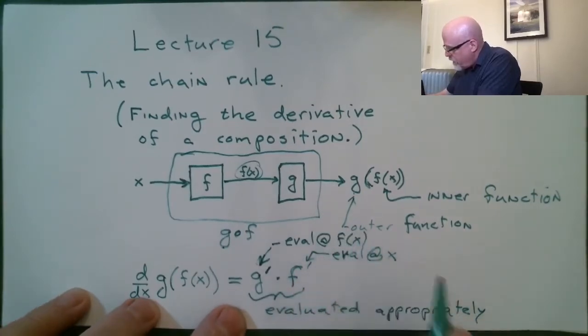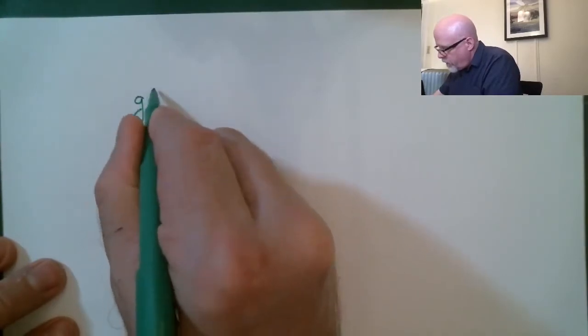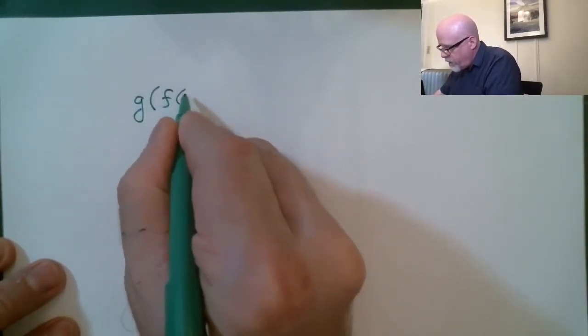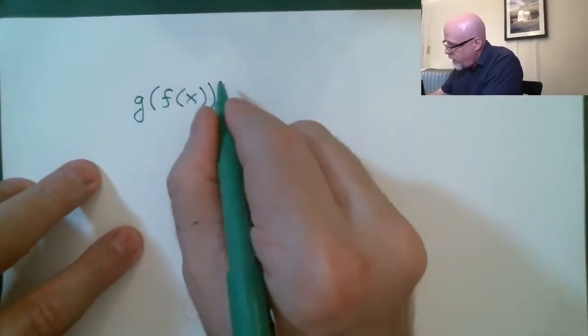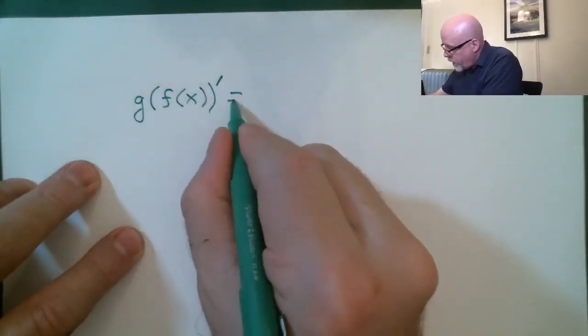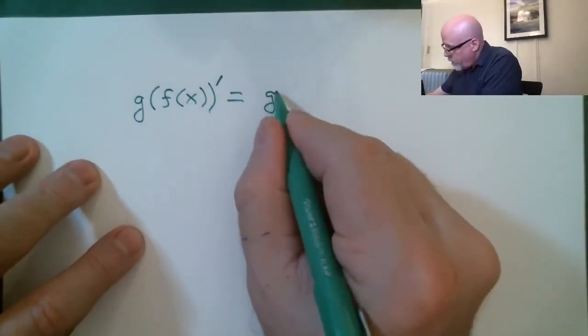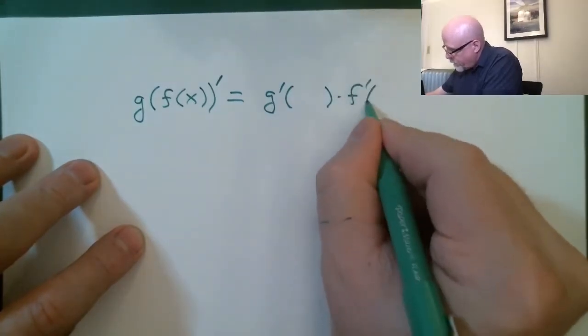Now this is a little bit ugly, so let's restate it nice and clean. The chain rule is for the derivative of an outer function applied to an inner function, g of f of x, and let's just use the prime notation now. It really is g prime times f prime.